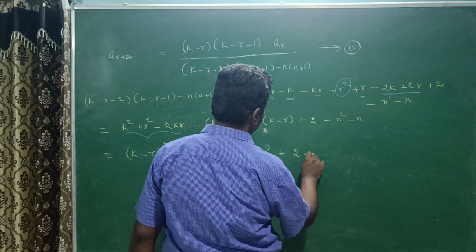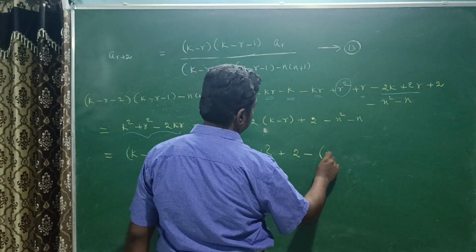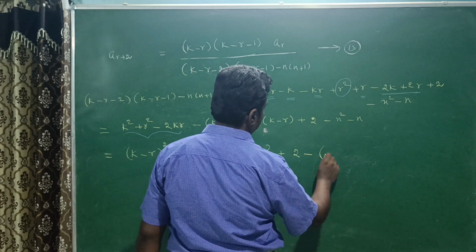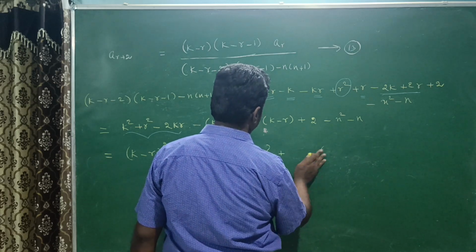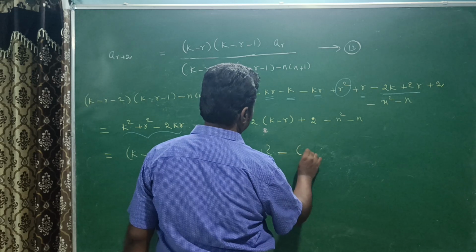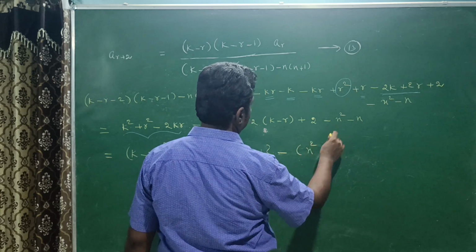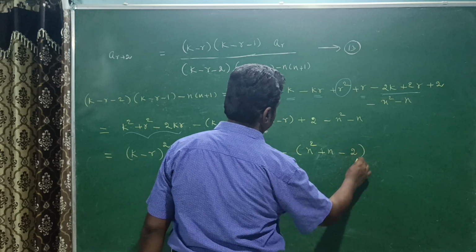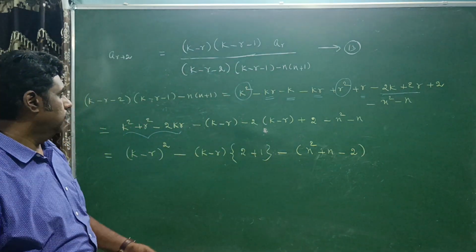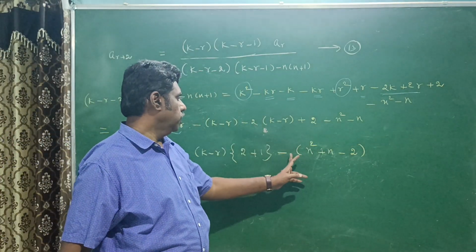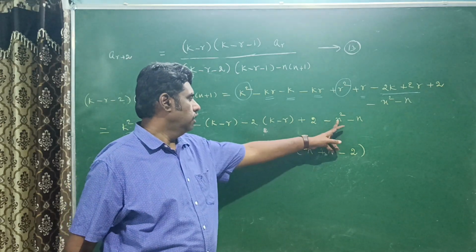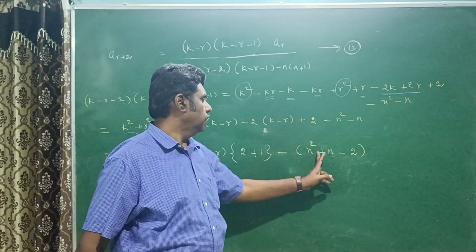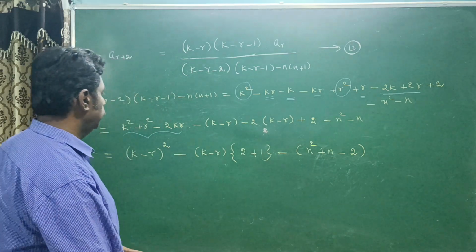Plus 2, take the minus sign outside: minus (n square plus n minus 2). Here we have just taken minus n outside, leaving n square plus n minus 2.